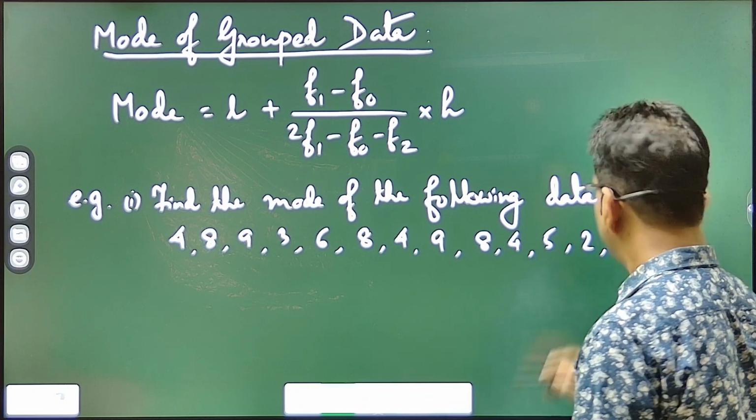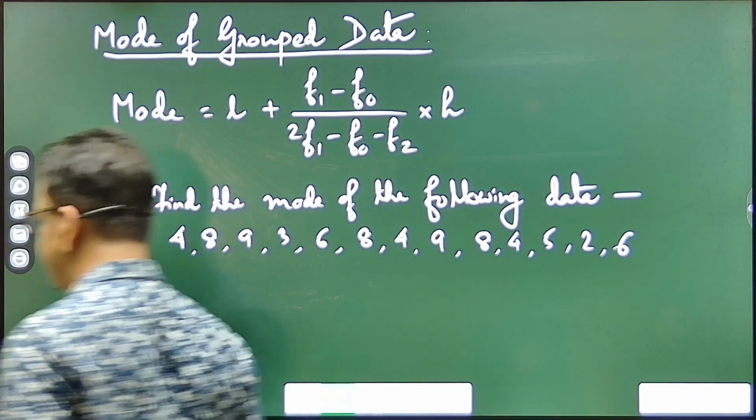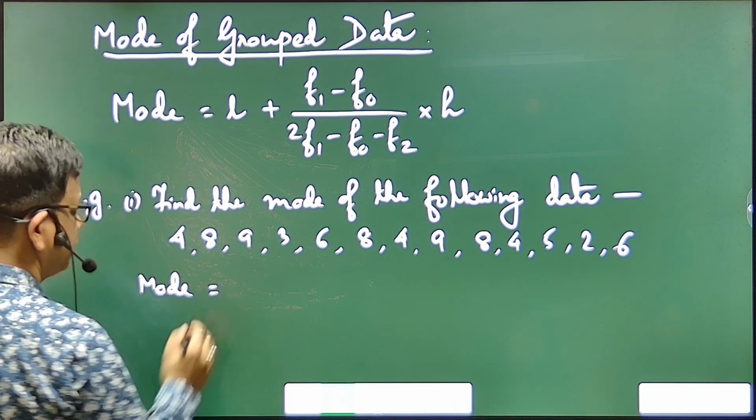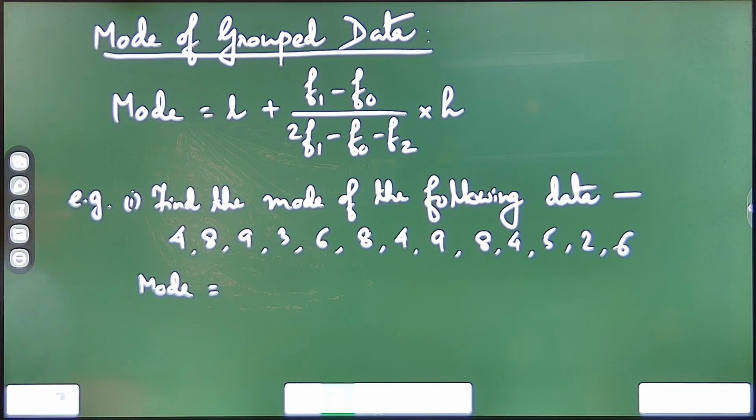This is not grouped, it's an ungrouped data. We are asked to find the mode of this. Now this is not related to this formula, it's just the basic definition. To find the mode of this ungrouped data, it's very simple.